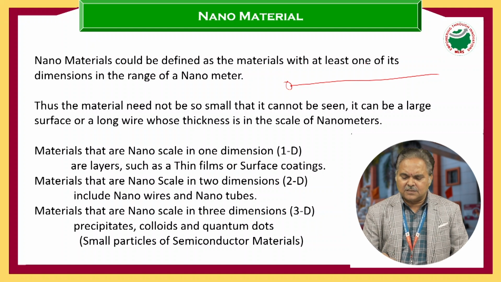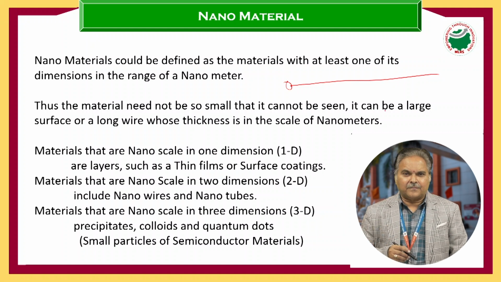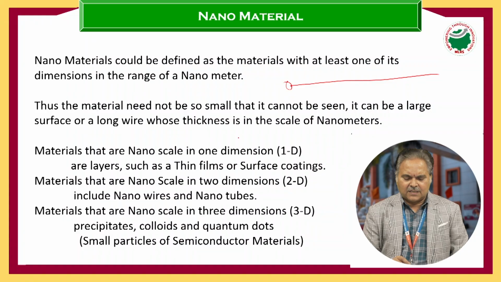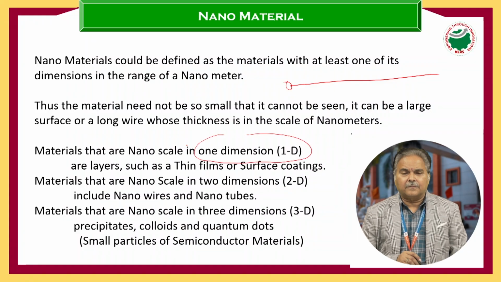That we call a nanomaterial, but only in one direction. Due to this one direction, we call it a one dimensional nanomaterial. If any one dimension is reduced to nano, that material is called a one dimensional nanoparticle or nanomaterial.